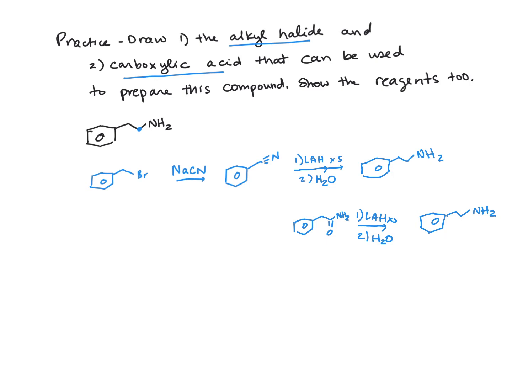Then when we think about how do we get to amides, well, we get to amides by treating acid chlorides with ammonia.